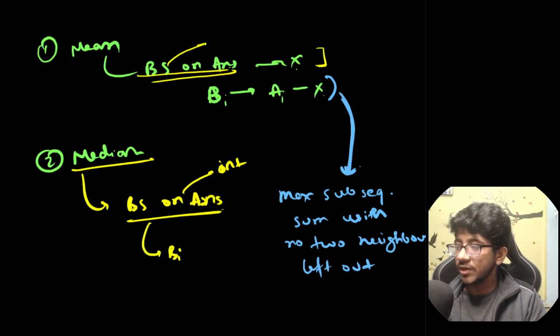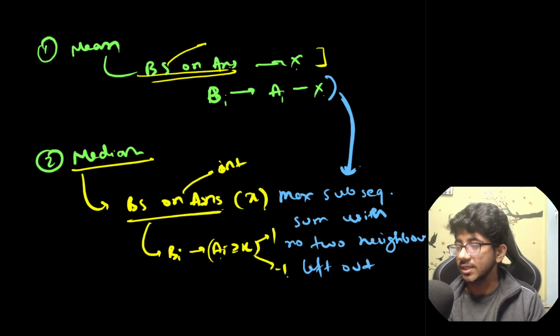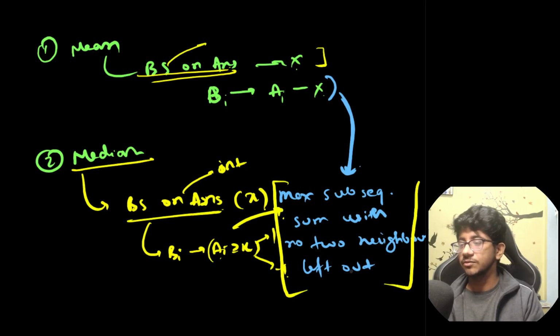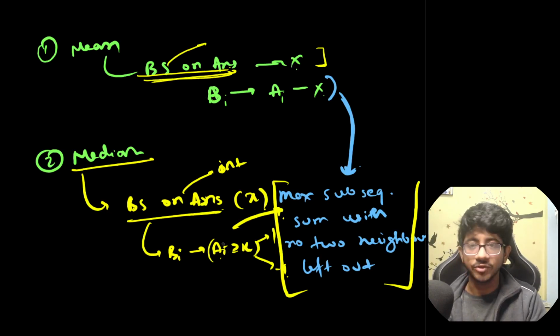Then for every b of i, we check whether a of i is greater than or equal to x: it is 1 or 0 or minus 1, and then it is again the same problem altogether. So there is this one problem that solves both cases, but the transformation is different. The idea is the same, binary search on the answer, but the transformation differs based on mean and median.